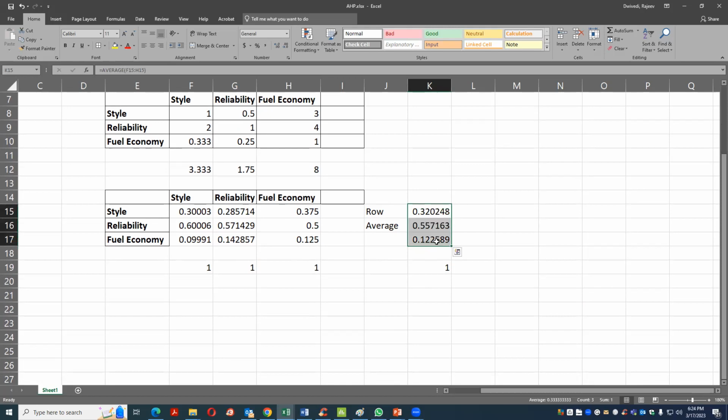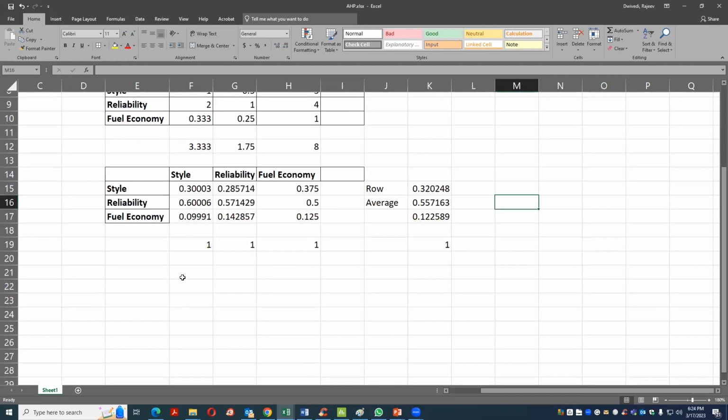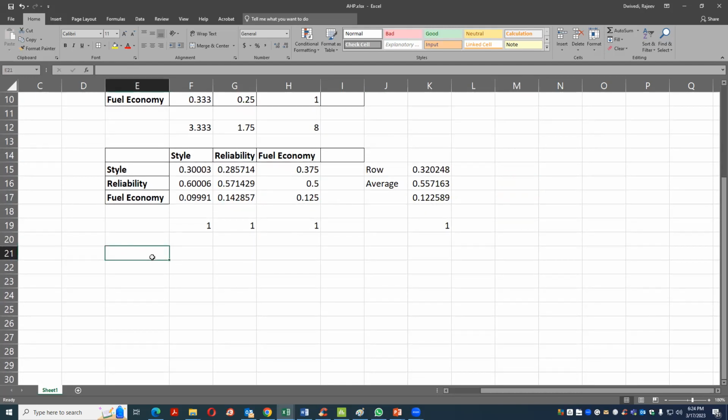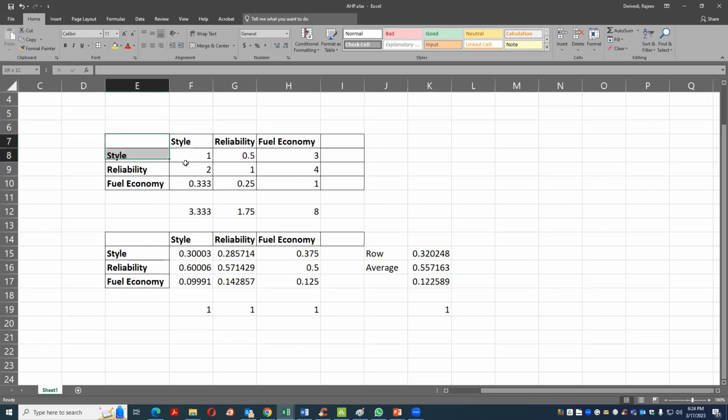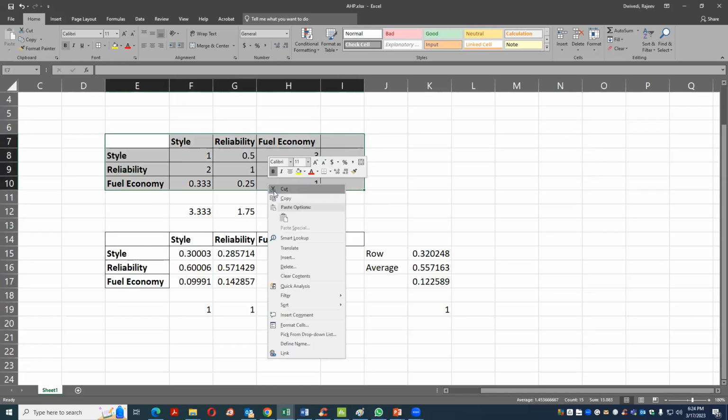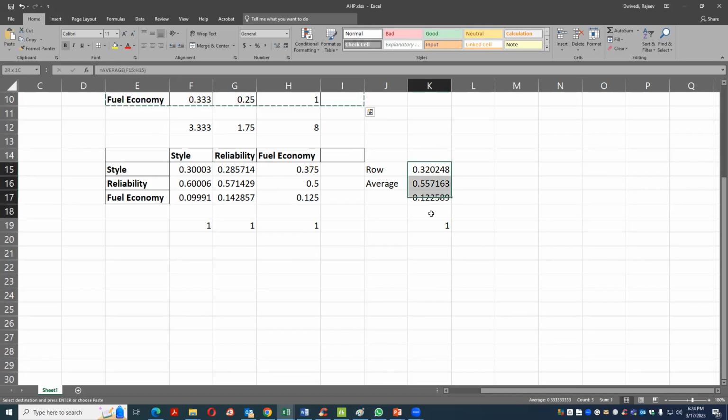Now the next step is to check whether we are doing this consistently or not: the consistency index and consistency ratio. This is another step that we do, but most of the things are related to here. If this is clear, you can get this value. Now we have to multiply this matrix A with the criteria weight.